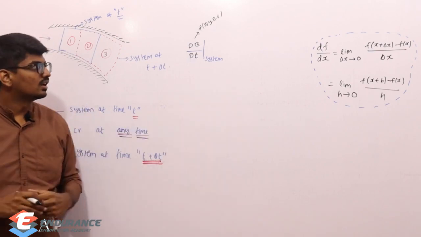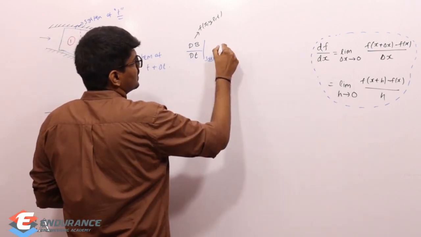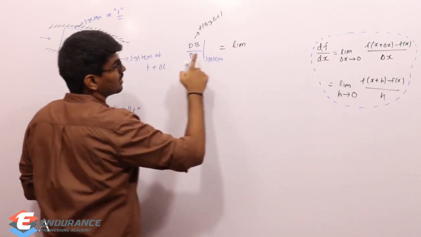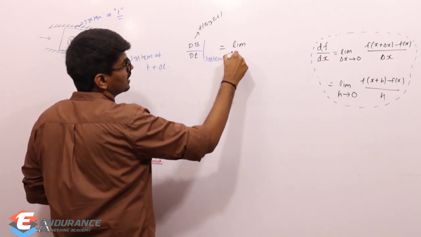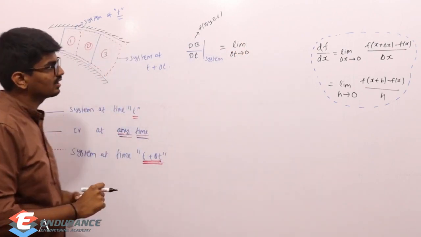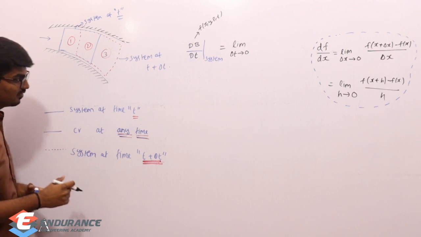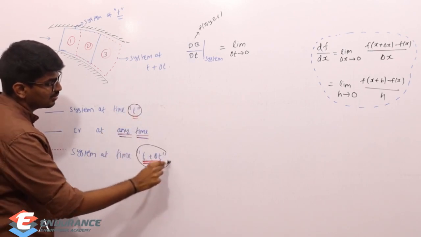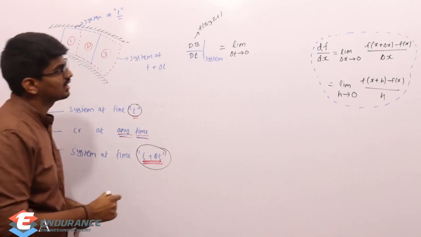From the basic definition I can write limit, and here it's not with respect to x, I am finding it with respect to t. So delta t tending to 0. From where to where? Actually it is varying. Initially I am taking the system at time t. Later I am taking the system at time t plus delta t.